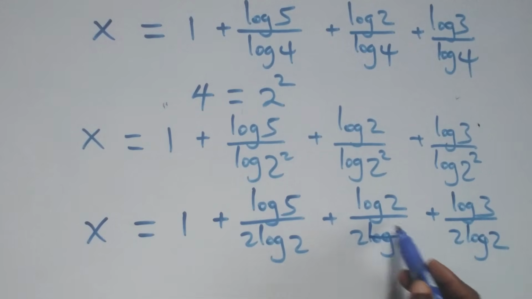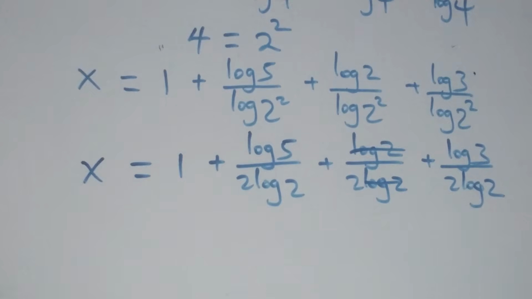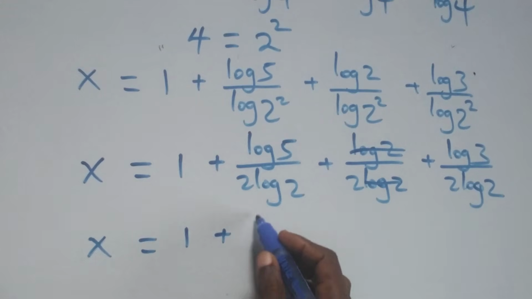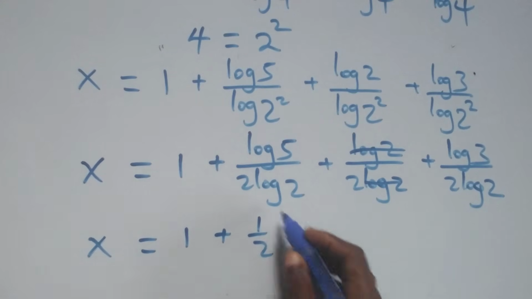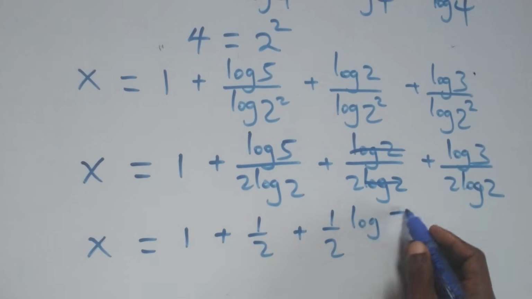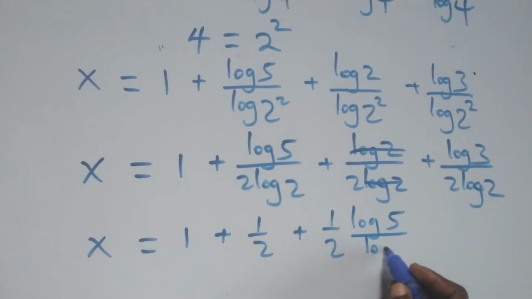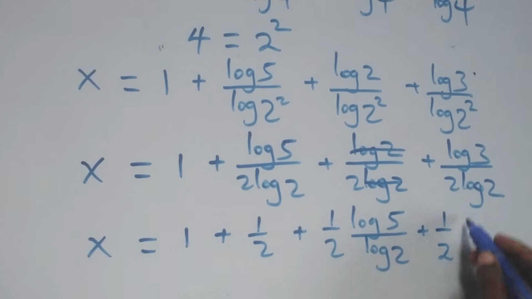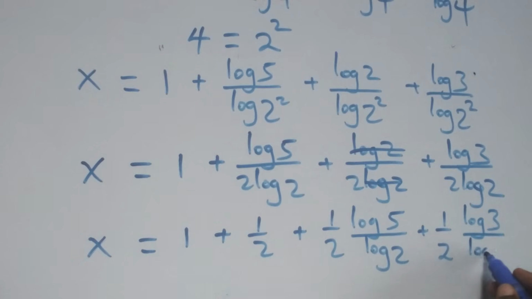Then here, log 2 cancel each other. We have 1 over 2 left. That is, x equals 1 plus 1 over 2 plus 1 over 2 times log 5 over log 2, also plus 1 over 2 times log 3 over log 2.